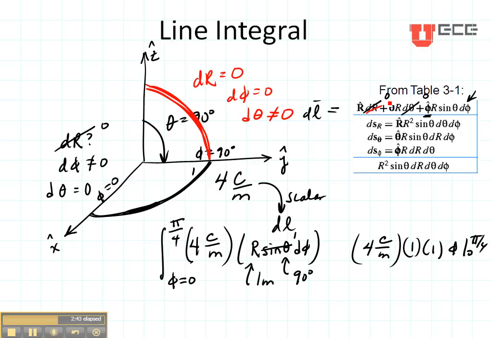So this term would have gone to 0, this term would have gone to 0, and here's the integration that I would have been doing with r d theta here. R is 1 meter, 4 coulombs per meter, and theta goes from 0 to pi by 4. So you can see that what I do is I just find the values that are not changing, and that is going to be the line integral that I use.